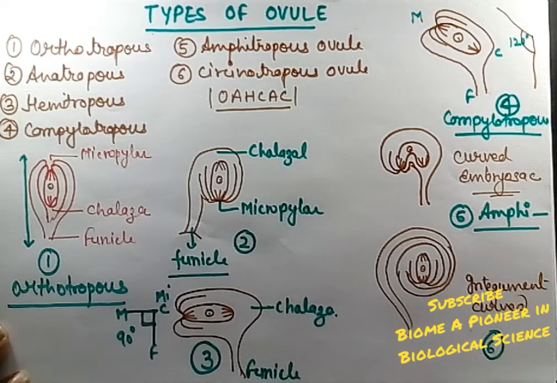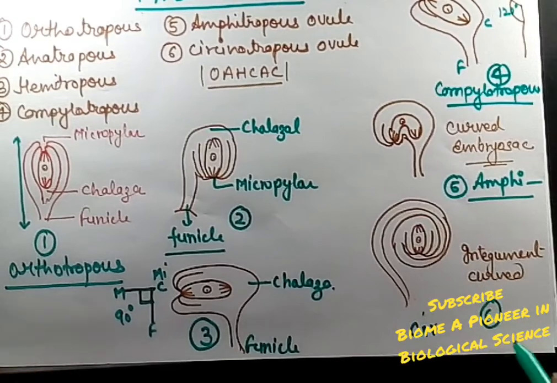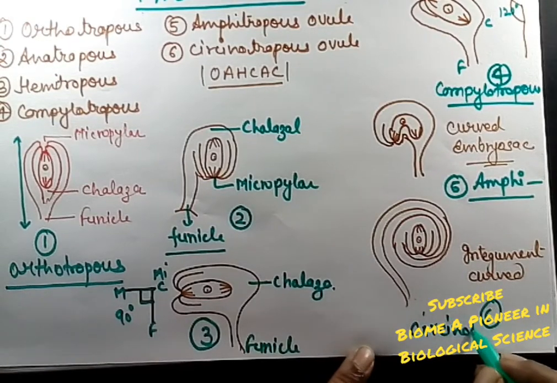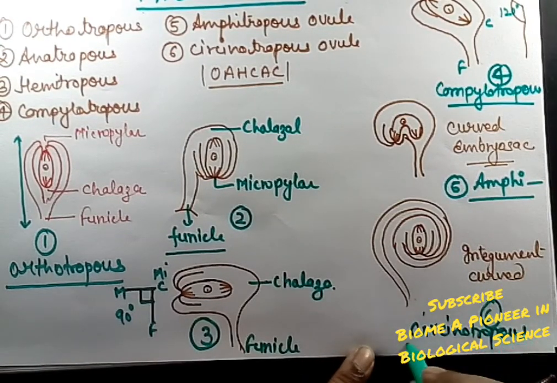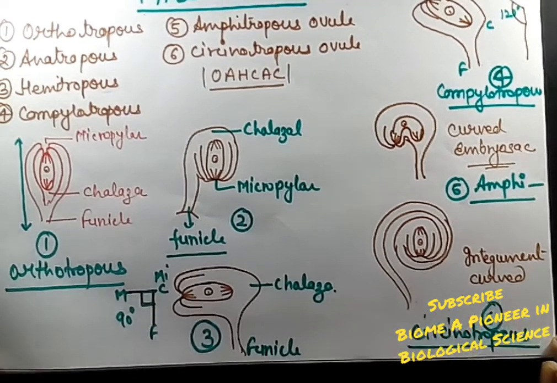This is circinotropous. So this is about the structure of the ovule: orthotropous, anatropous, hemitropous, campylotropous, amphitropous and circinotropous. These are the structures of ovule present in different plants.